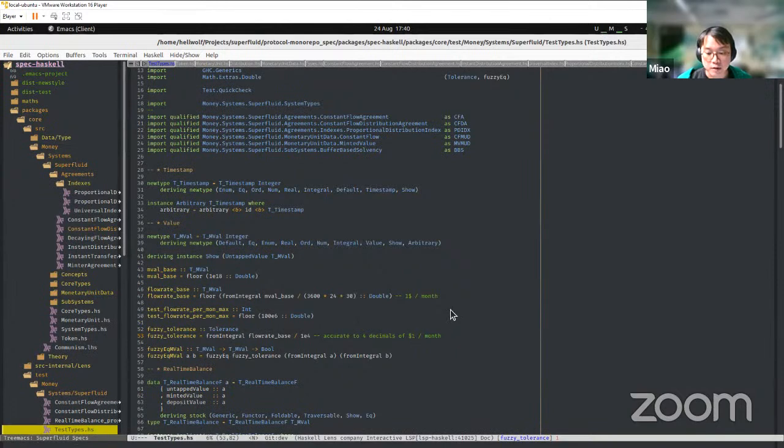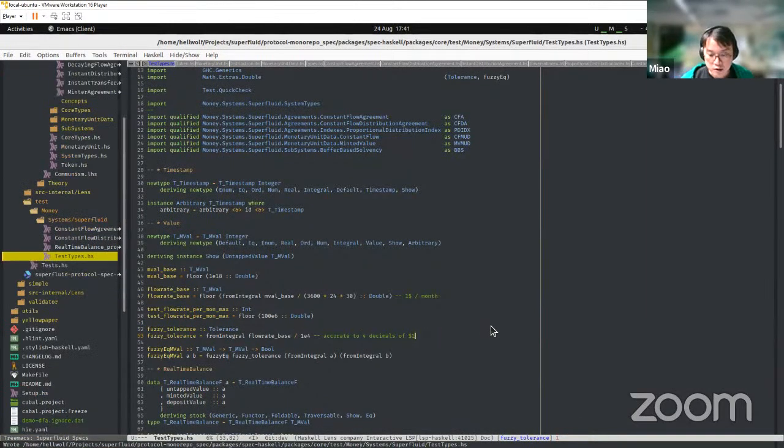So that means around 0.001 with 3 accounts, right? So you can imagine that perhaps in a larger sample, you would have this kind of small error accumulating over time. Still fairly small in fairness, because we're talking about $1 a month, but the accuracy is not per month per se. It's actually just 4 decimals of $1 of error after an arbitrary number of operations and time going on.